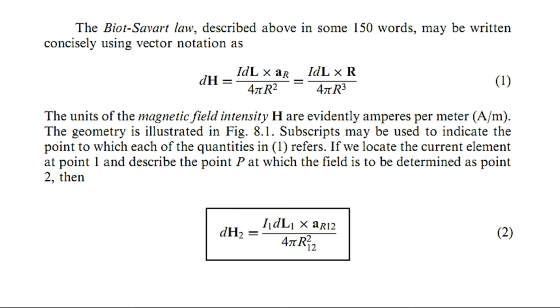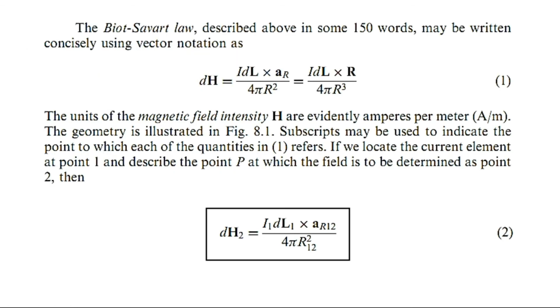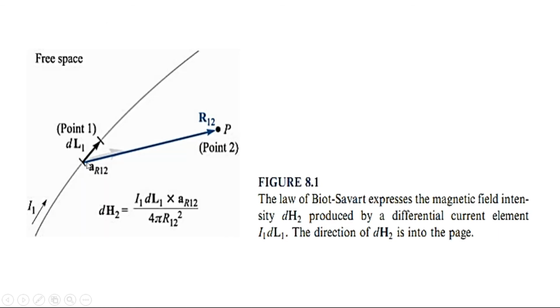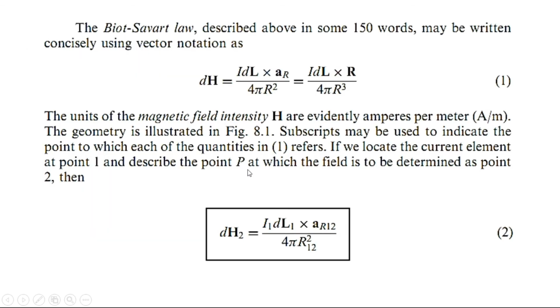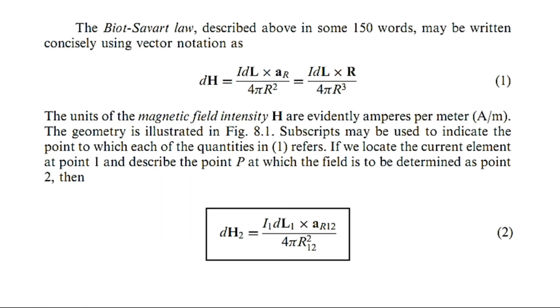The geometry is illustrated in figure 8.1. We have already discussed this geometry. If we locate the current element as in figure 8.1 and describe the point P at which the field is to be determined as point 2, it means that point 2 is the point at which we want to find the magnetic field intensity.